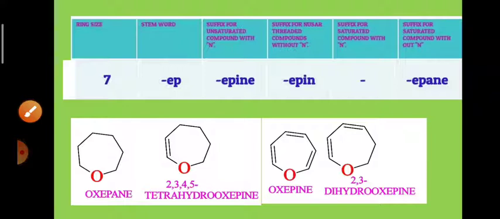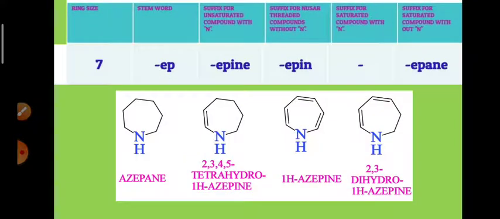So like that we have to give the names for the 7 membered compounds also. So try to give the names on your own. Okay, practice on your own. And these are some heterocyclic compounds of ring size 7 with the nitrogen atoms. So try to give the names on your own, practice well.